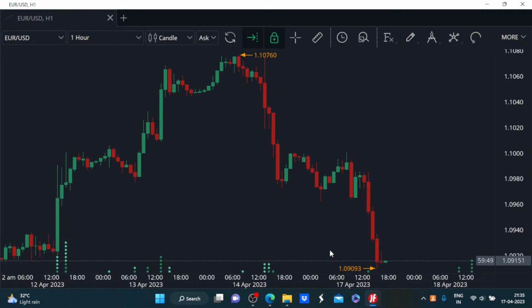This is the Euro USD chart with each candle period defined as hourly. To add this indicator, you simply have to do a quick search and there you will get it. Let me add it. It is taking some time to respond.